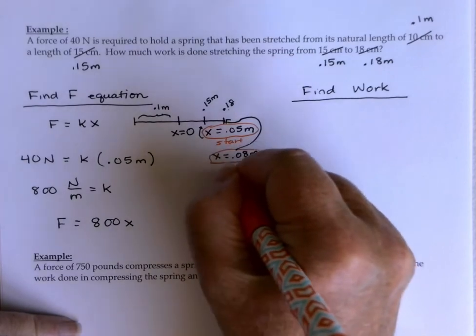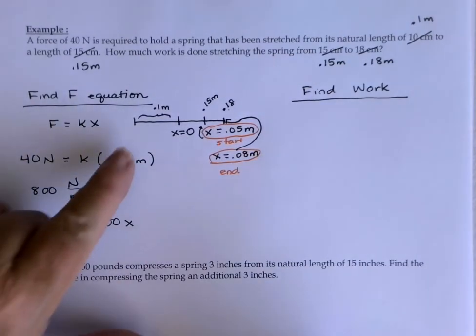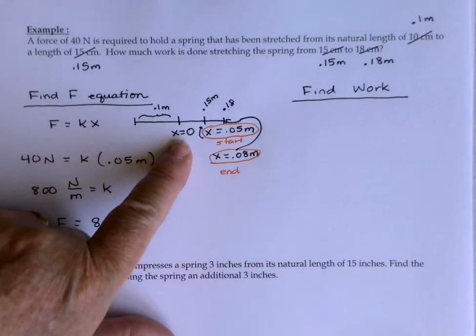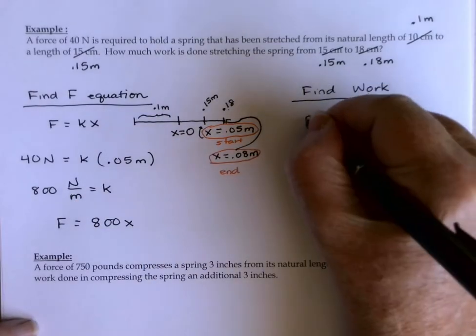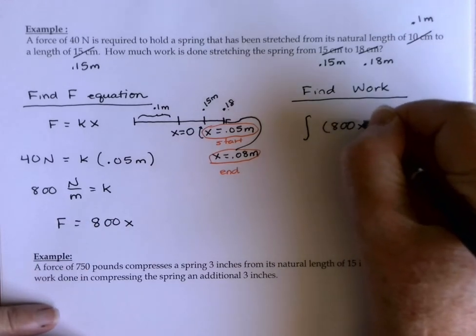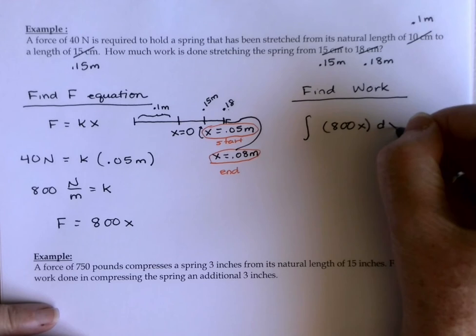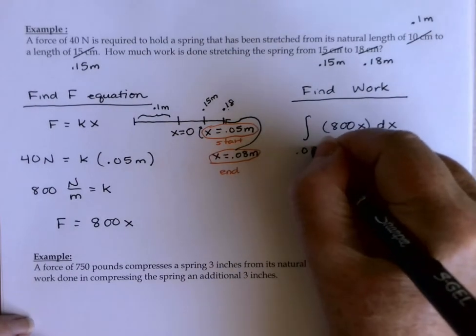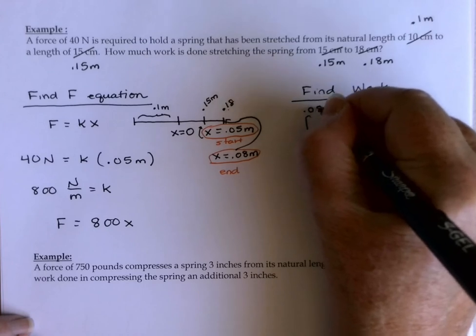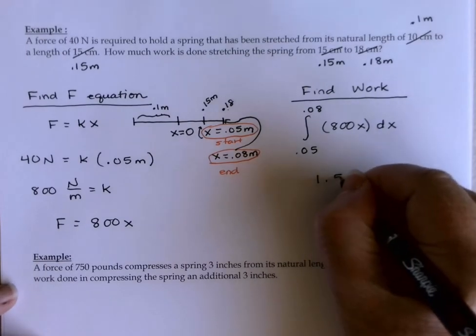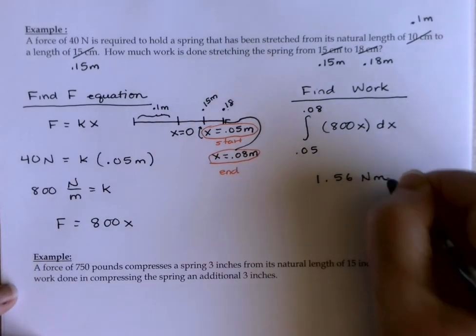This is my ending position. Again, everything's relative to the natural length of the spring, which we define as x equals 0. So I'm integrating my force equation, 800x, times the distance, dx, a little piece of distance. In this case, we're integrating from 0.05 to 0.08. Again, just plugging that into a calculator, I ended up with 1.56 newton meters.